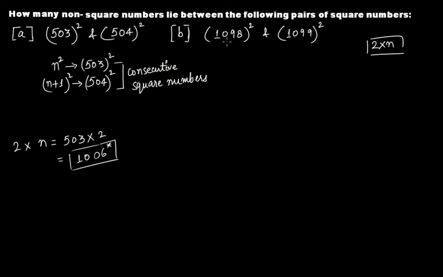Let's solve this one. This is 1098 squared and 1099 squared. Again, n in this case is 1098 and n plus 1 is 1099, right? The square numbers are 1098 squared and 1099 squared, two consecutive square numbers.